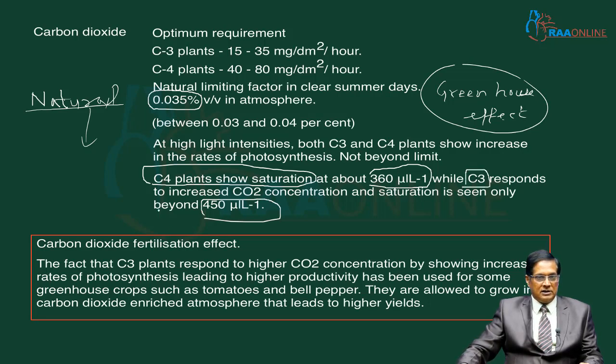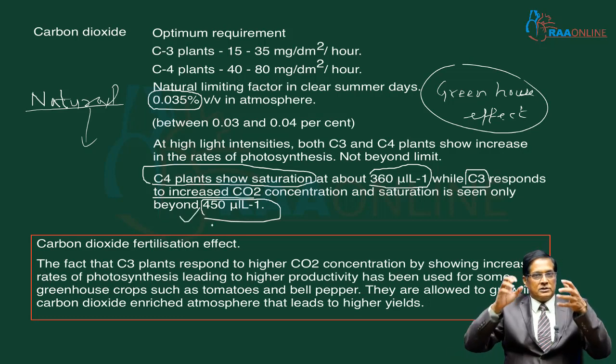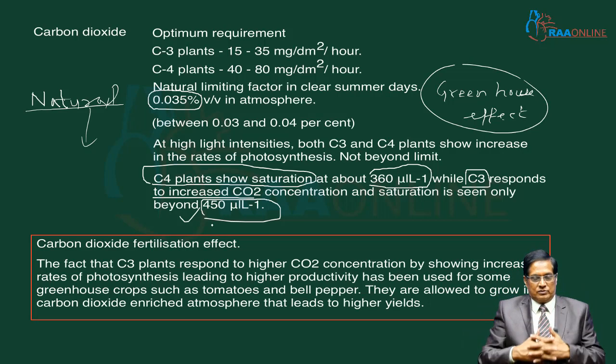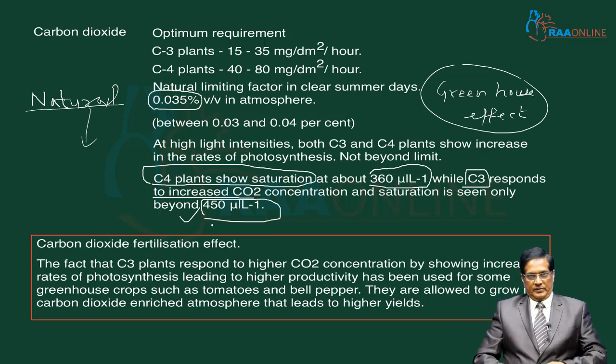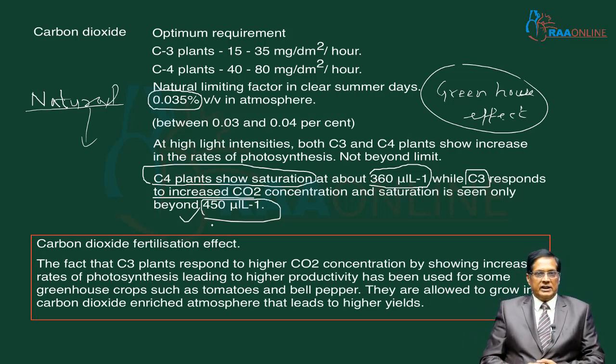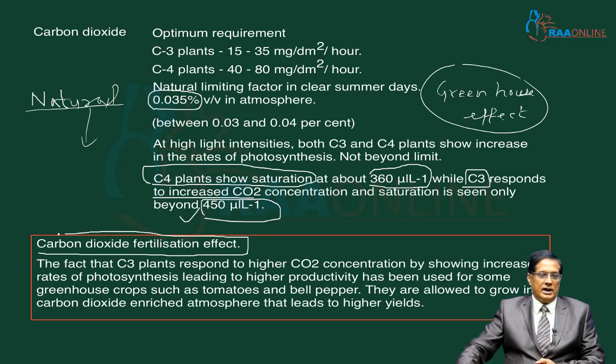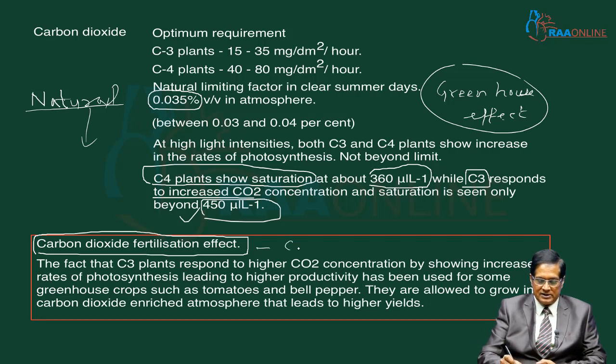C3 plants respond to increase up to this limit. Suppose in a greenhouse carbon dioxide is increased, plants flourish well. This is the carbon dioxide fertilization effect, applicable for C3 plants.